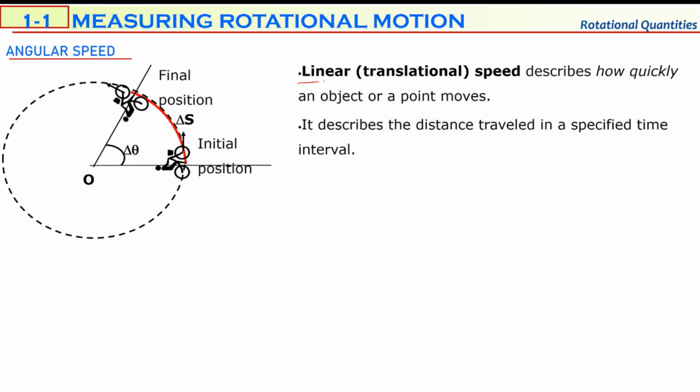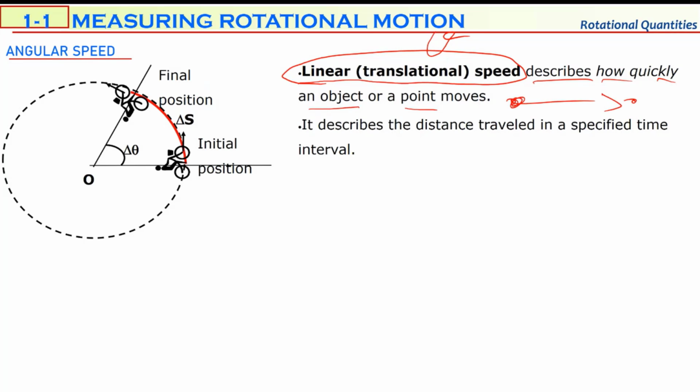Linear speed: in the 11th grade, you studied linear speed, sometimes called translational speed, because it defines how fast an object is moving from one point to another. Linear speed, or translational speed, v, describes how quickly an object or a point moves from one point to another.